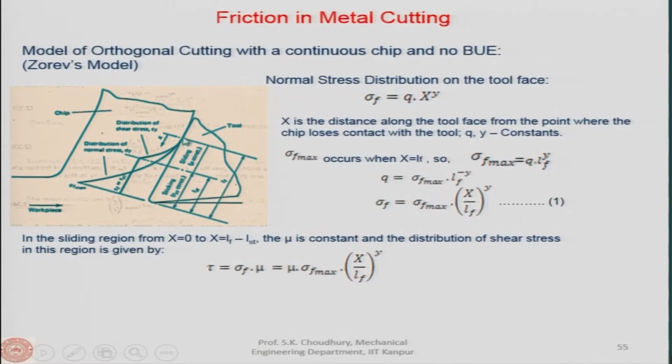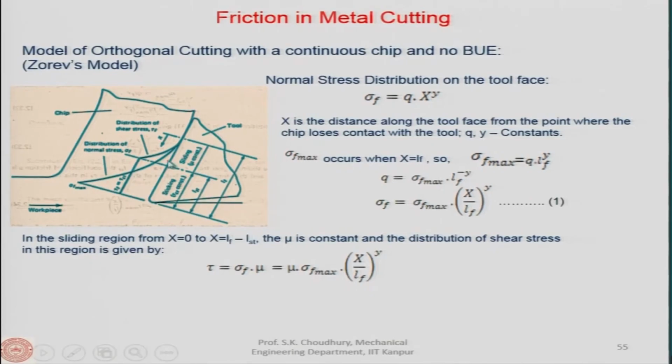From here to here, designated as LF, is the chip tool contact length, that is, the length over which the chip contacts the rake face of the tool. Now, two curves are drawn: one is the normal stress, and the other is the shear stress. Let us say this is the point up to which the normal pressure remains very high.